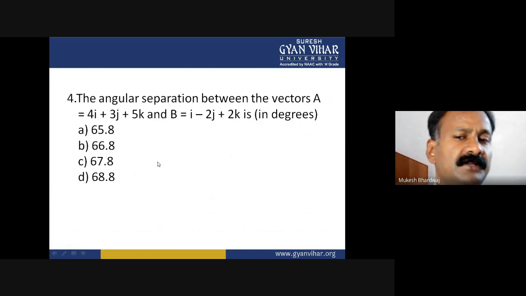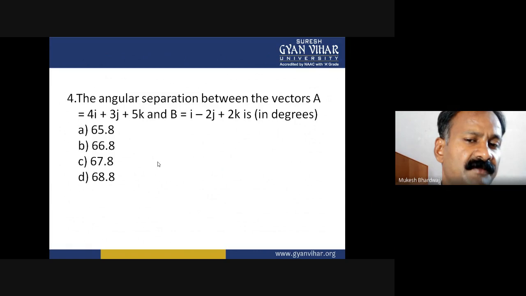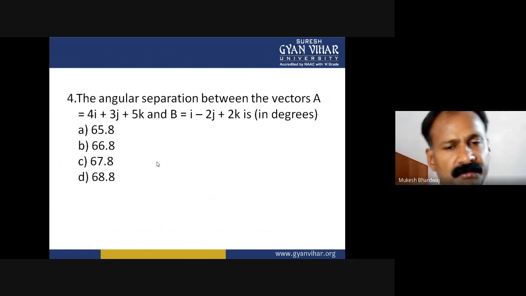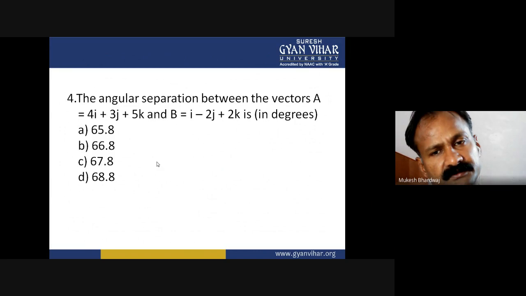The angular separation between the vectors A = 4i + 3j + 5k and B = i - 2j + 2k is asked. Angular separation means the angle between the two vectors. So A dot B equals mod A mod B cos theta.